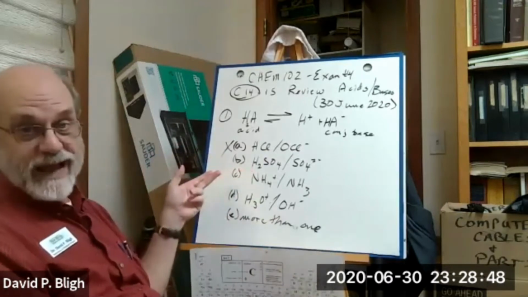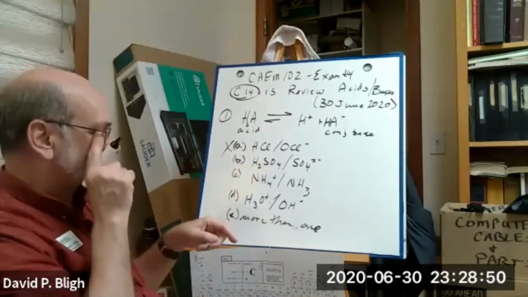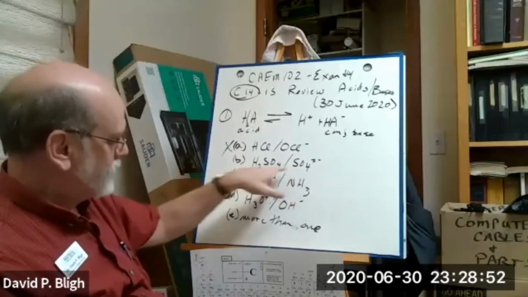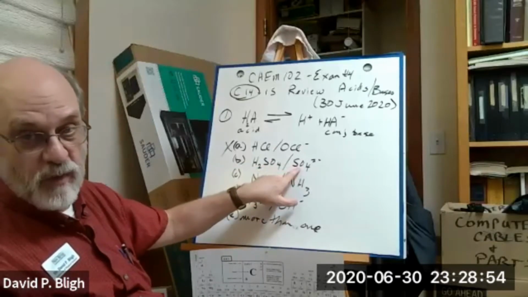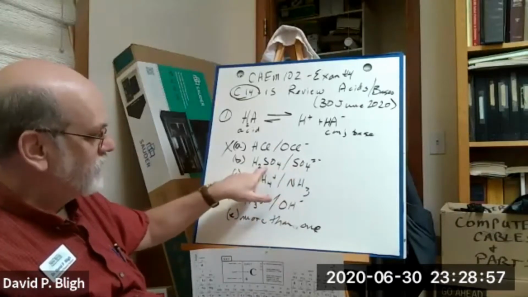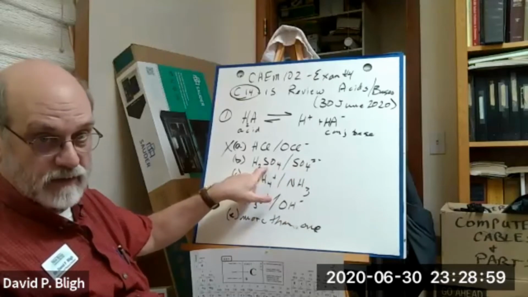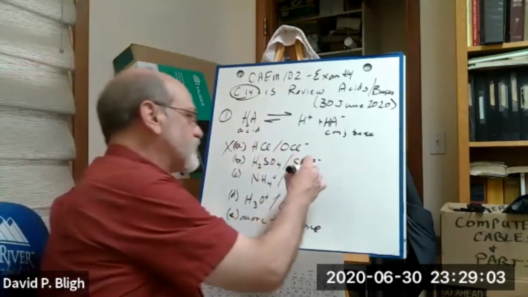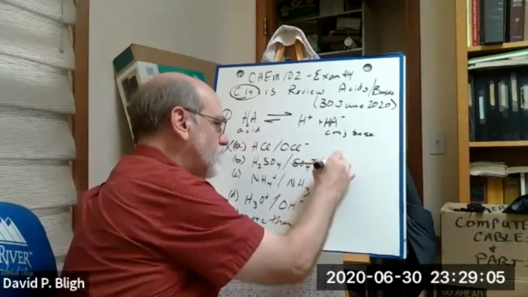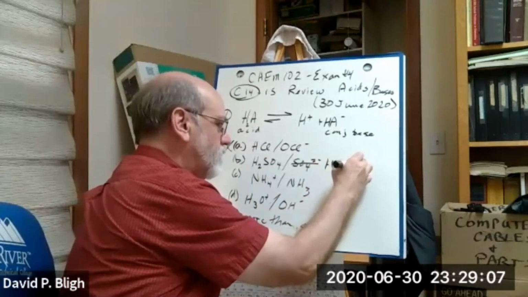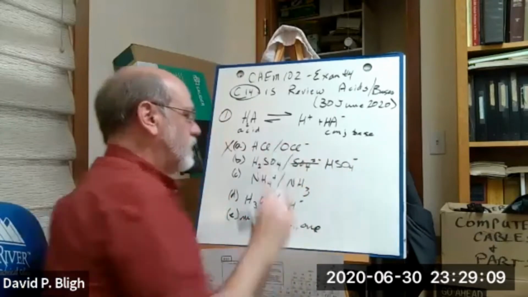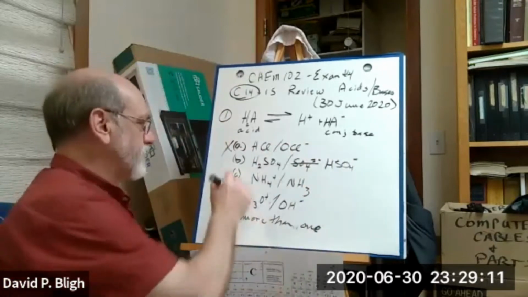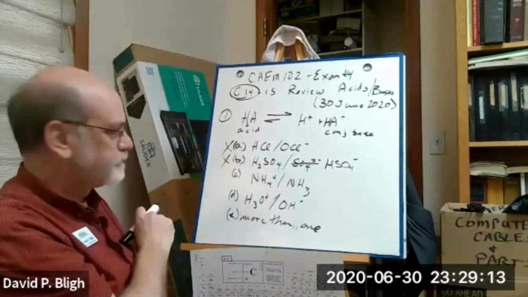How about sulfuric acid, H2SO4? They're saying in this example that SO4 minus is the conjugate base of this acid. It's not, because you've lost 2 protons. The conjugate base would be losing 1 proton, right? So that one's wrong.